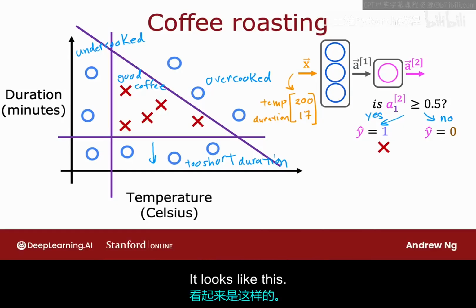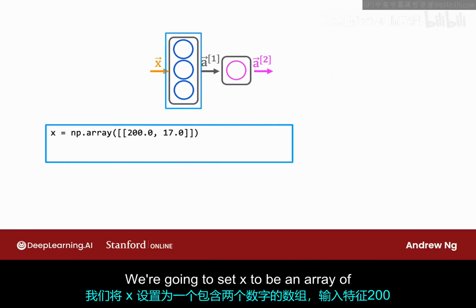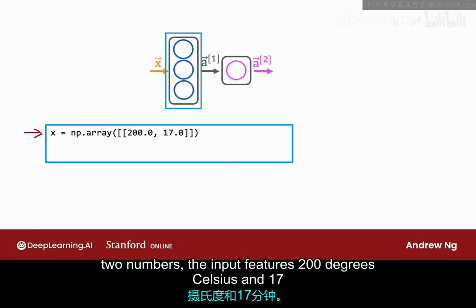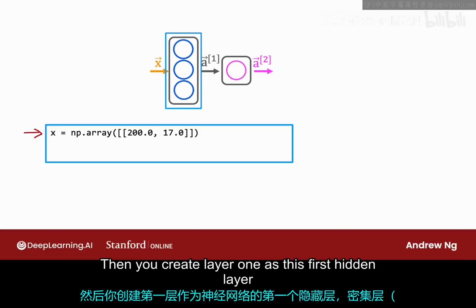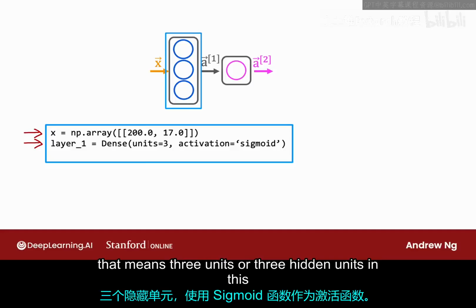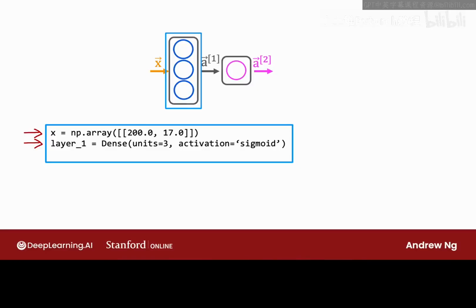It looks like this. We're going to set x to be an array of two numbers, the input features, 200 degrees Celsius and 17 minutes. Then you create layer 1 as this first hidden layer of the neural network as Dense(units=3, activation='sigmoid'), that means 3 units or 3 hidden units in this layer, using as the activation function, the sigmoid function.